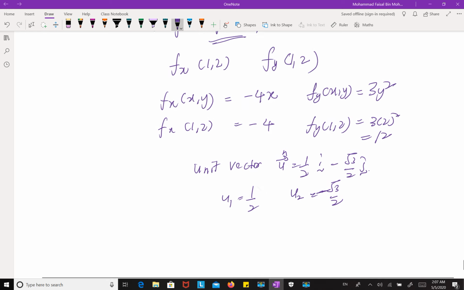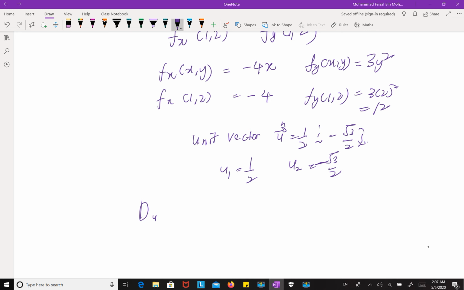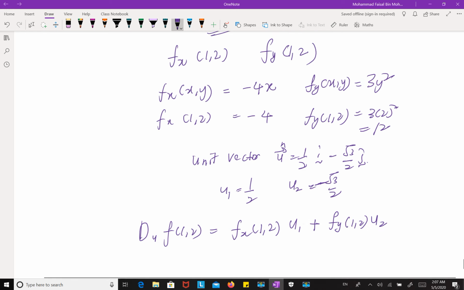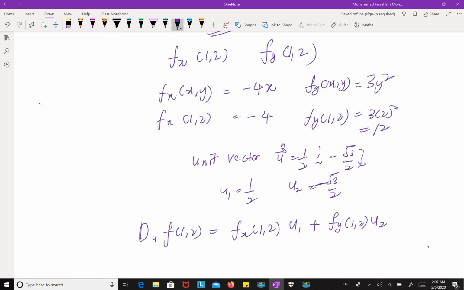So the directional derivative of f at (1,2) is the same as fx(1,2) u1, because this is a dot product, plus fy(1,2) u2. So the formula itself is del f dot u cap. This f consists of fx and fy, no fz, fz is 0.